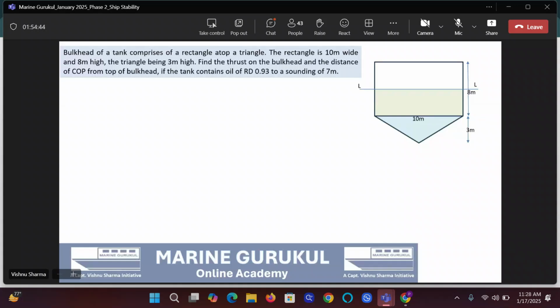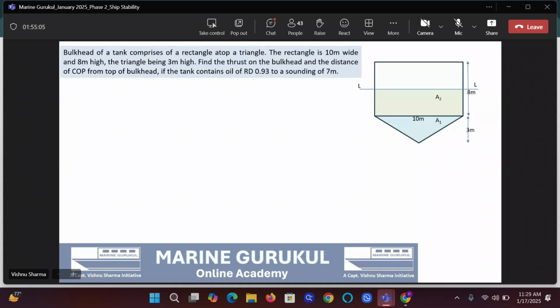Okay. Now, guys, to get the thrust, we can divide this into two areas, 1 and 2, triangle or rectangle, whatever you want to call it. Doesn't matter. I have called them area 1 and area 2. I'm only talking of the immersed area.